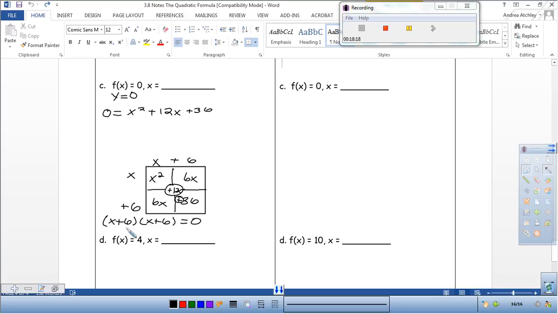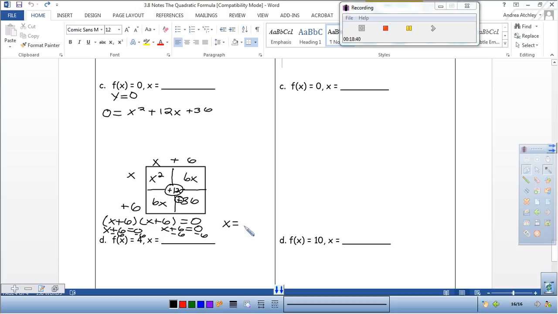Then to solve it, I separate my factors. I get x plus 6 equals 0, and then x plus 6 equals 0. To solve it, I just subtract 6 from both sides. And I get x equals negative 6 both times, so I don't need to write it twice.